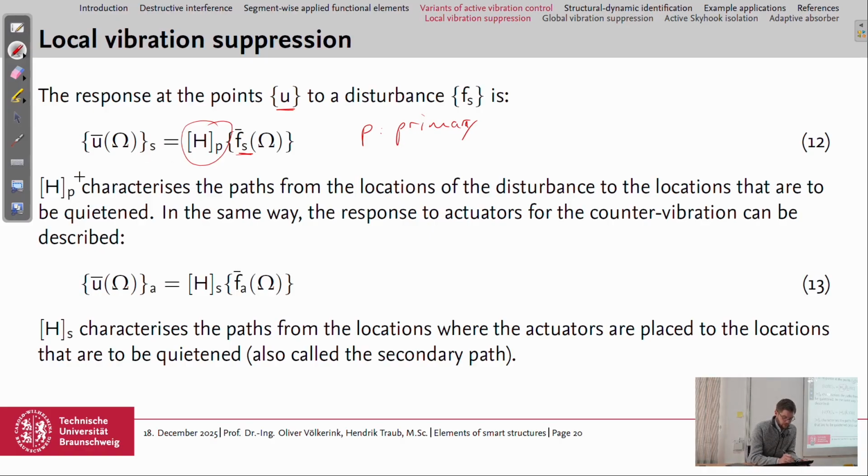We can have the same equation 13 for the transfer function or the behavior from the actuation positions towards the points we want to calm down, and this has the index S for the secondary path. So the primary path is from the disturbance to the points we want to suppress the vibrations at, and the secondary path is our control path, where we want to quieten the structure.